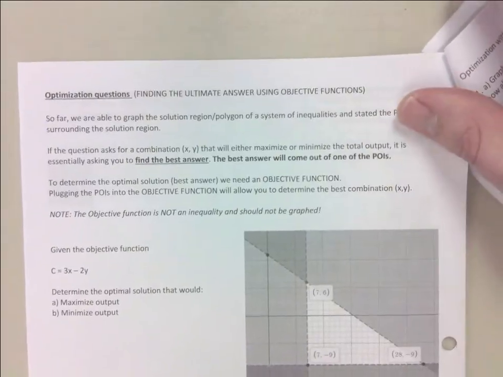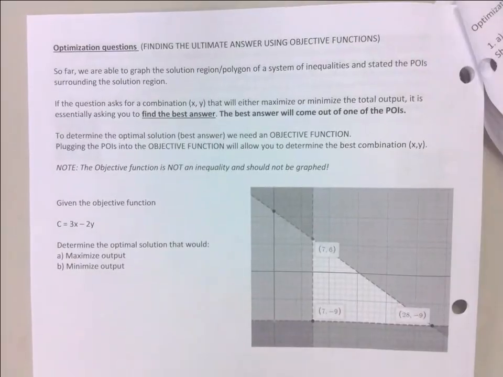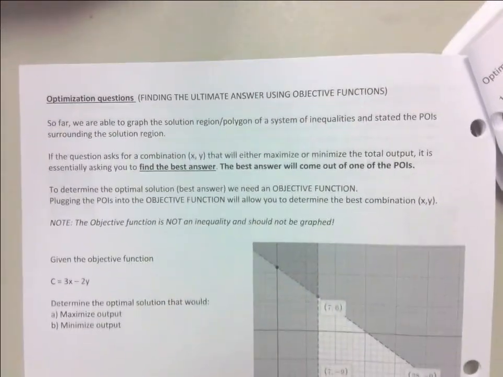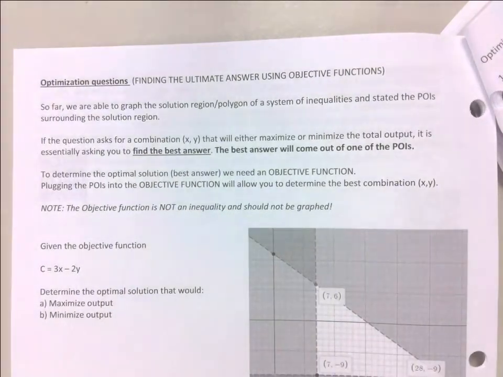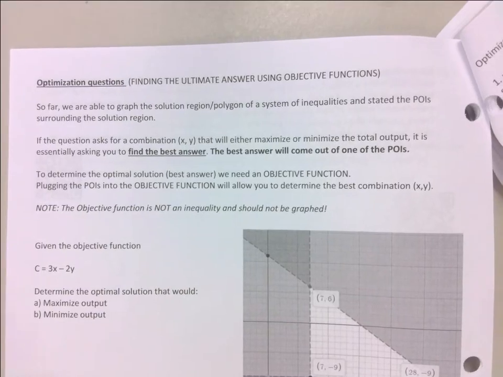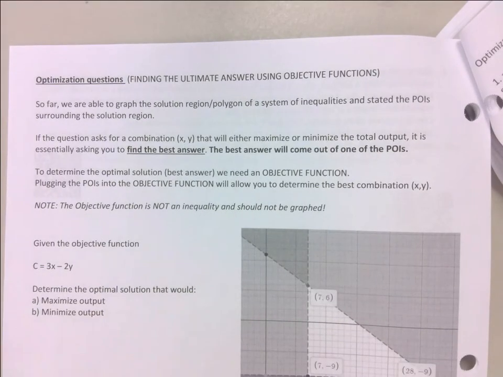So I want you to go to page 59. This is kind of the last new thing that I'm going to talk about, and then everything else is basically practice and coming across some scenarios I may not have covered.